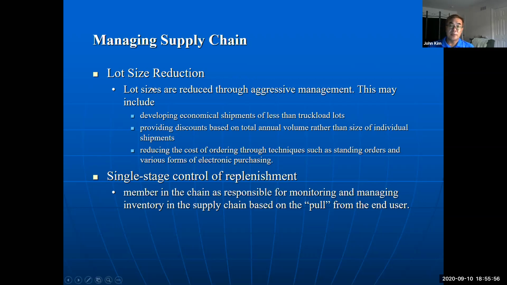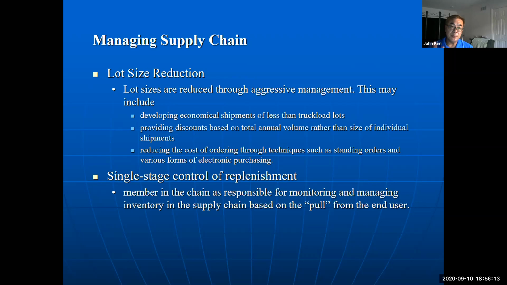Lot size, usually nowadays, many companies try to reduce lot size. That means order size, small by small, to reduce inventory cost.